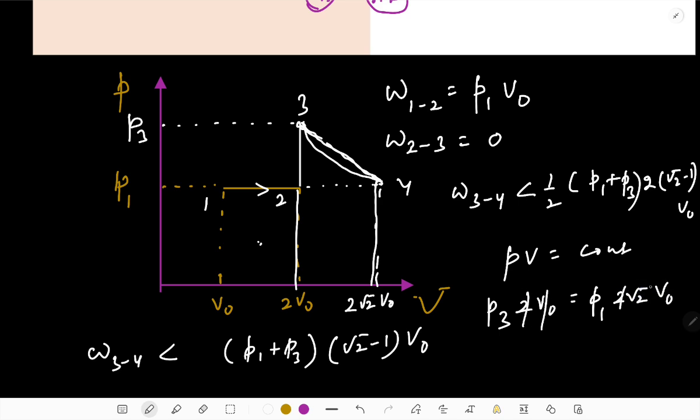That means 2 V naught gets cancelled out, and I can write here P3 is equal to root 2 P1.